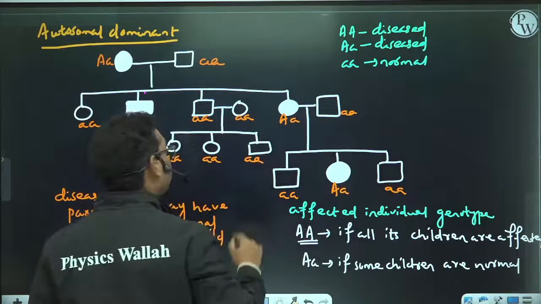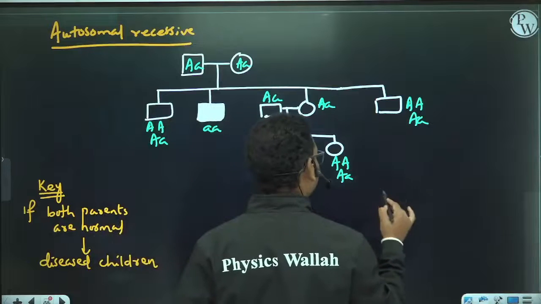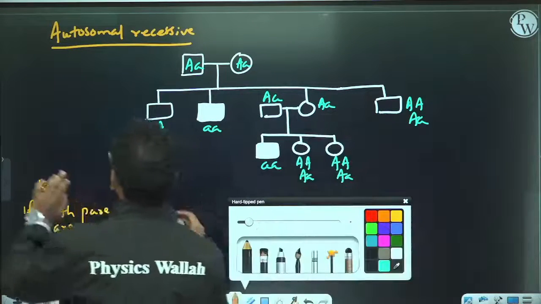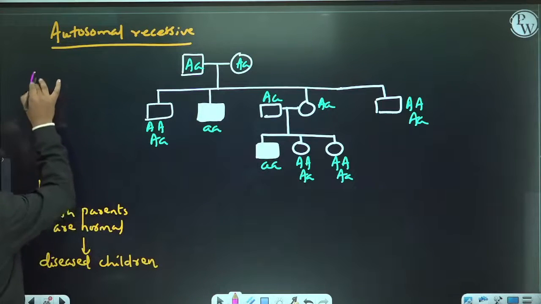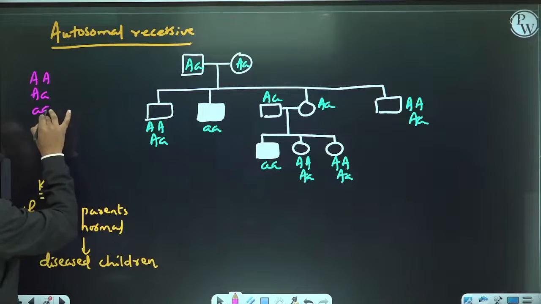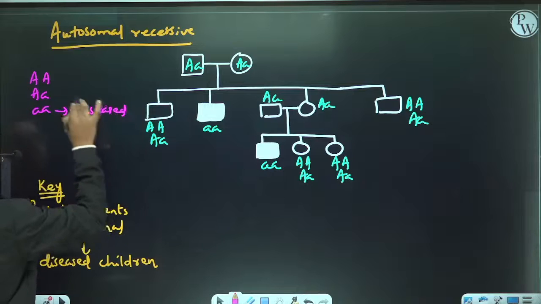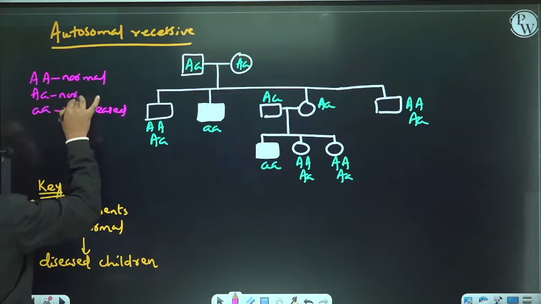Okay, in this case I will write capital A, small a, small a. This is diseased. This is normal. This is normal and carrier.